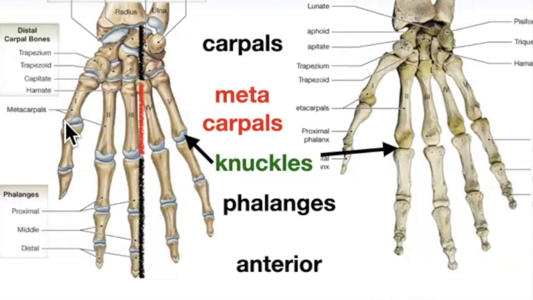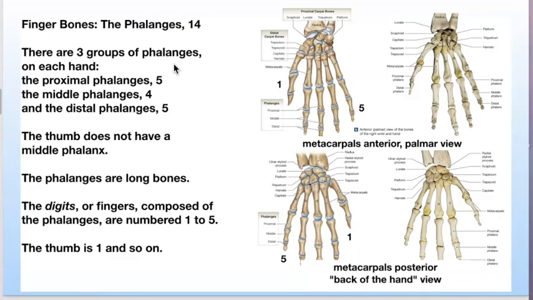So your knuckles are the joint between the distal epiphyses of the metacarpals and the proximal epiphyses of the most proximal row of phalange bones. There are 3 groups of phalanges, and phalanges are finger bones, right? So there are proximal phalanges, there are 5. Then there are middle phalanges, there are only 4 because the thumb doesn't have one. And distal phalanges, there are 5 again.